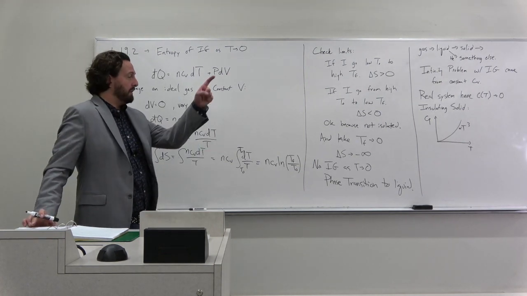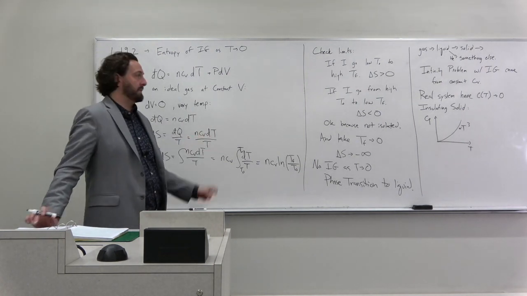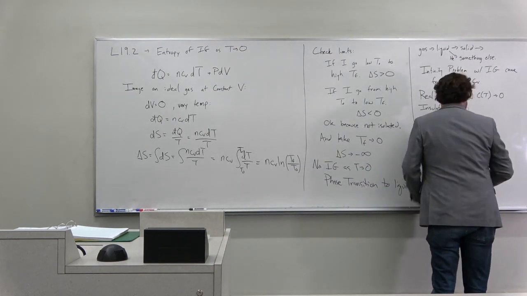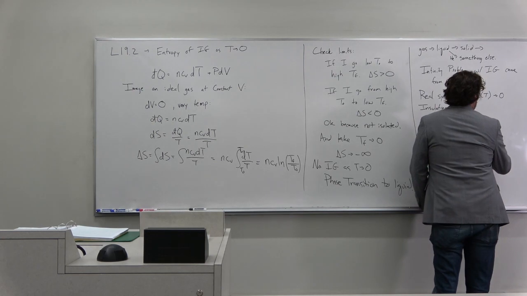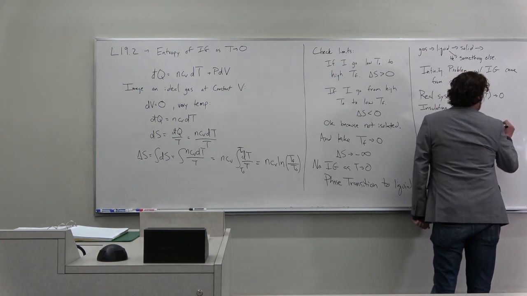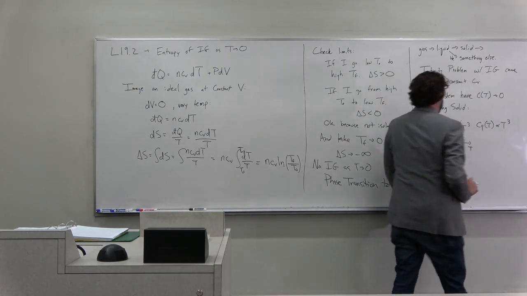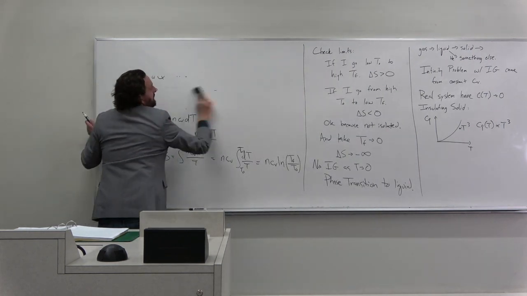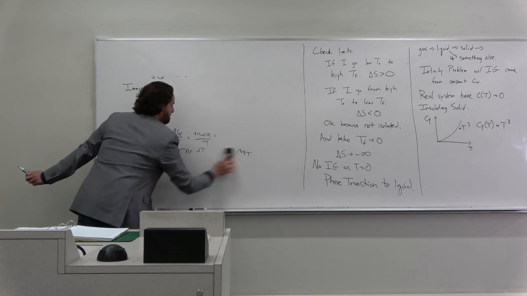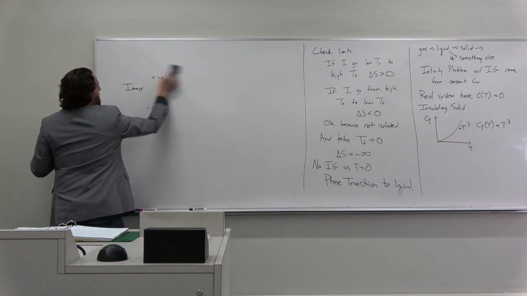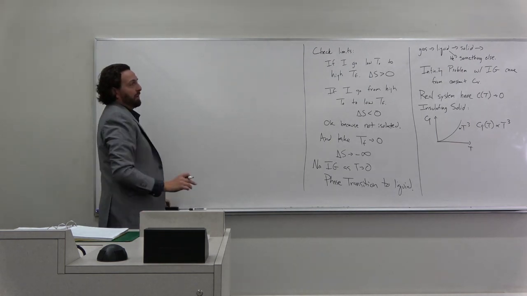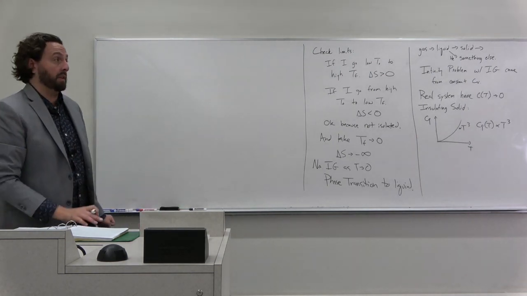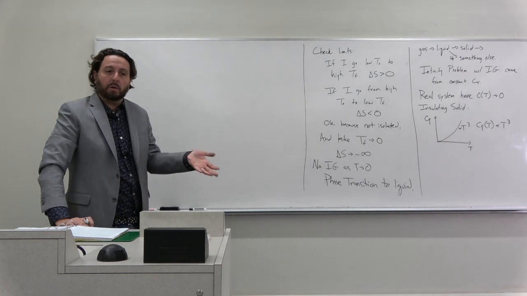So as you go to zero, the heat capacity is going to have some temperature dependence. So CP of T is going to be proportional to T cubed. Now you can see what that's going to do: it's going to solve our problem with our entropy going to an infinity, because the entropy is actually going to end up going to zero.